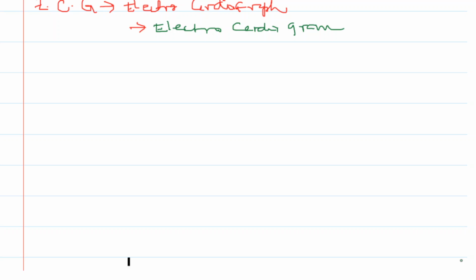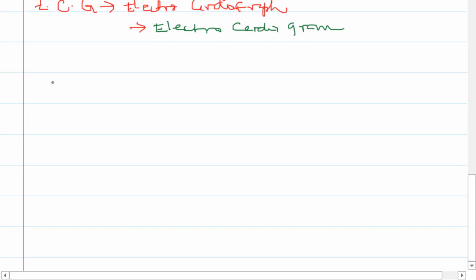What are the different kinds of blood vessels that we see? Now we see 5 different kinds of blood vessels in our body. What are they?